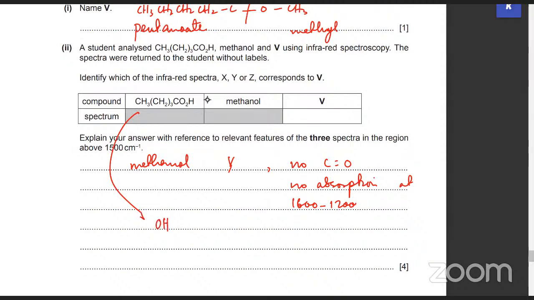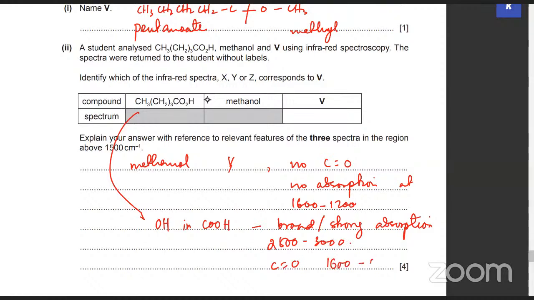So the OH in the COOH, you got a broad and strong absorption around 2500 to 3000. Plus you had a C=O bond as well.